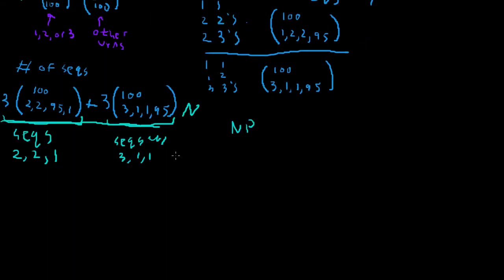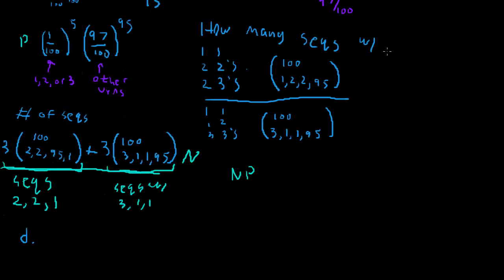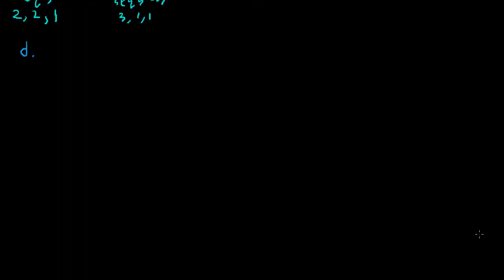Now let's do part D. D says, what is the chance that a total of 5 or fewer balls are placed in the first 3 urns, with at least 1 ball in each of the first 3 urns? Well, you can only get 3, 4, or 5.